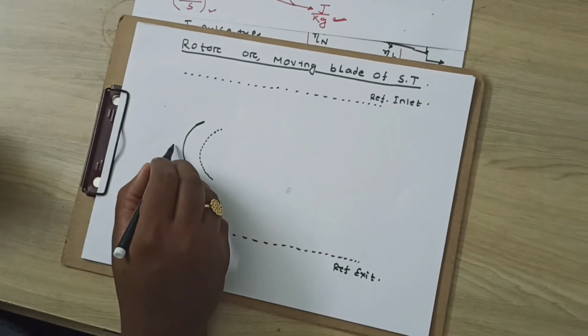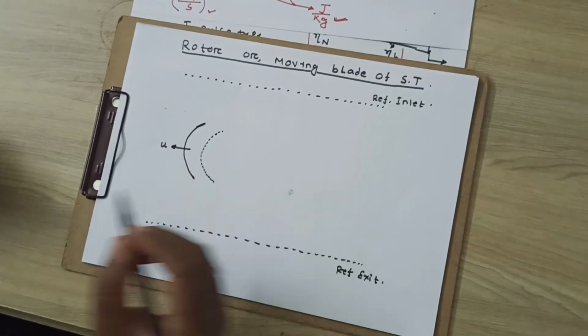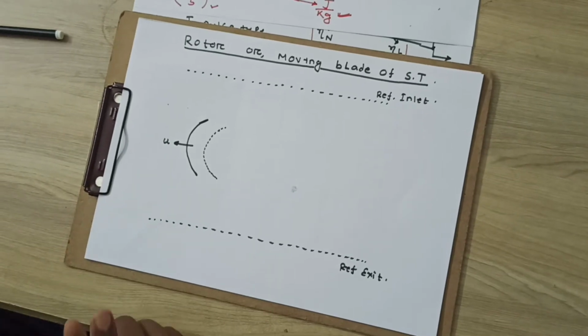And this is moving with the blade velocity u, the peripheral velocity, or we can call it the blade velocity u.